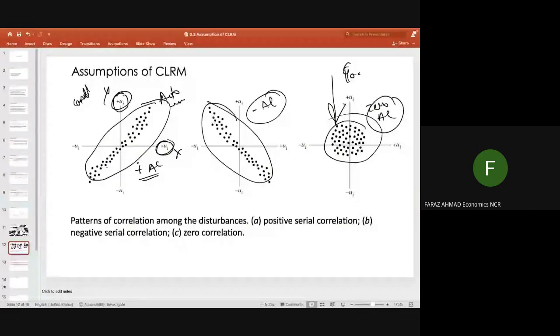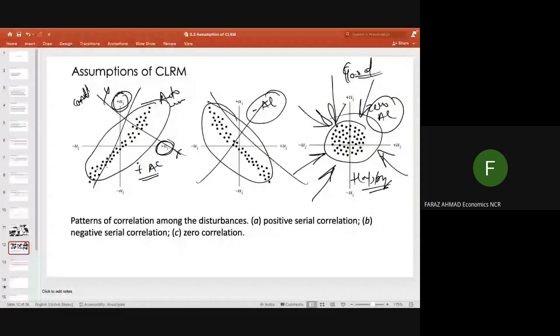This is what is good. This is what makes us happy, because we want the scheme of things to look like this. We want our errors to look like this. We don't want this and this, as per assumption 5.